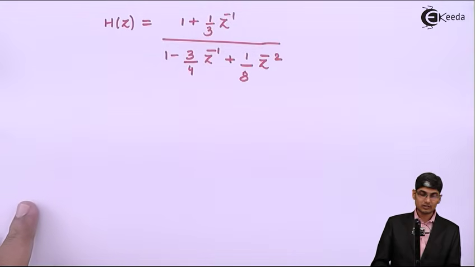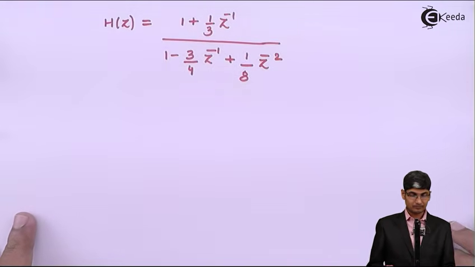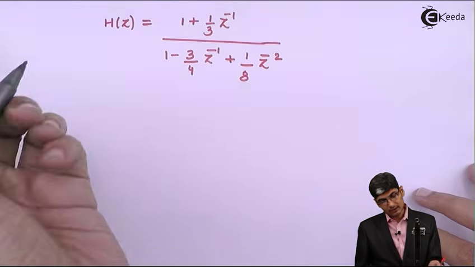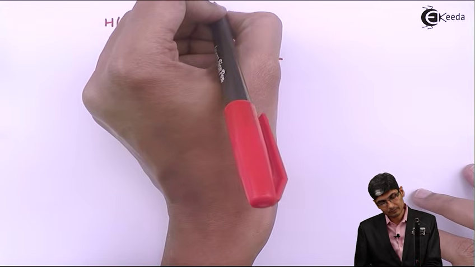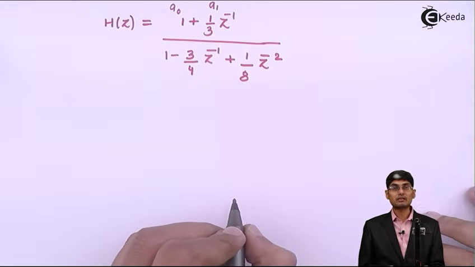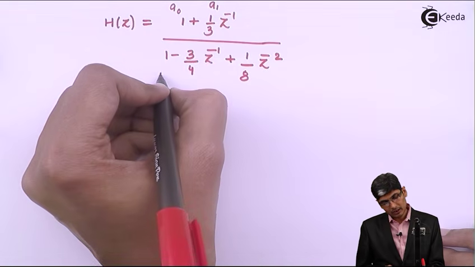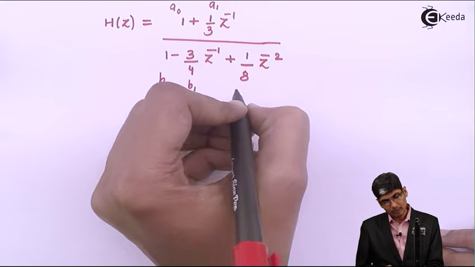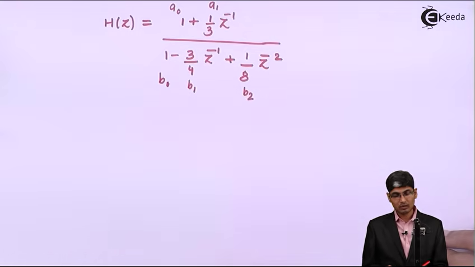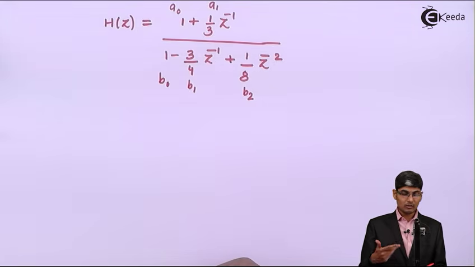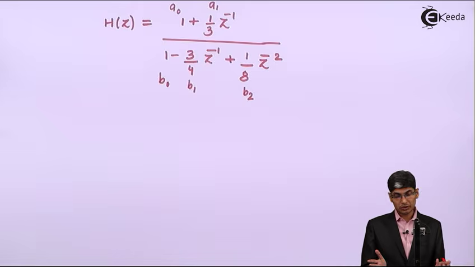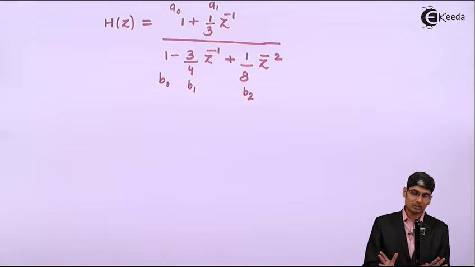Now with this H of z, I will name the numerator polynomial coefficients a0, a1, and the denominator polynomial coefficients b0, b1 and b2. Some textbooks use the reverse order: they use b0, b1, b2 for the numerator and a0, a1, a2 and so on for the denominator. Whichever you want to use, they are just representations.